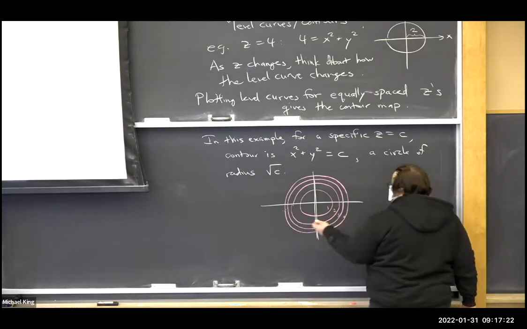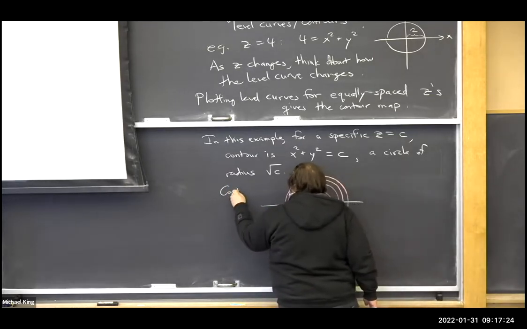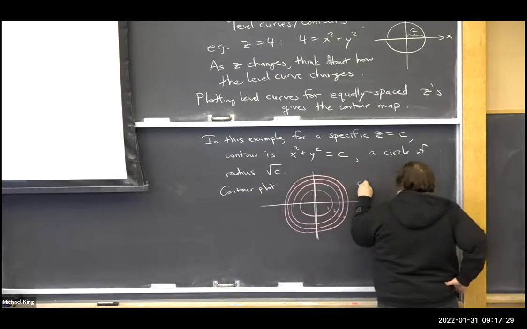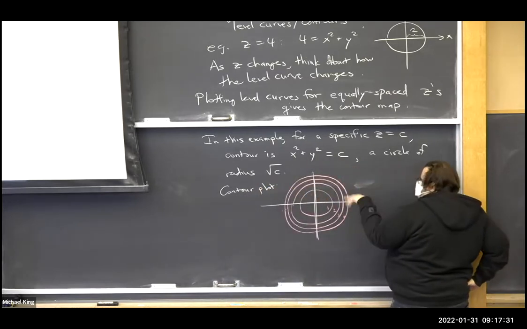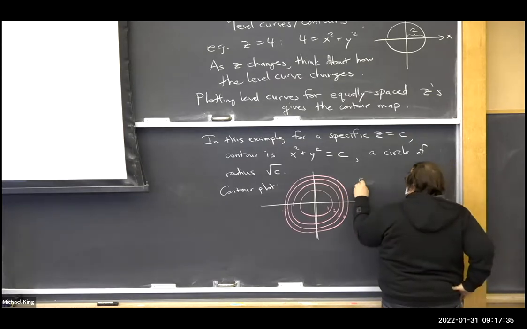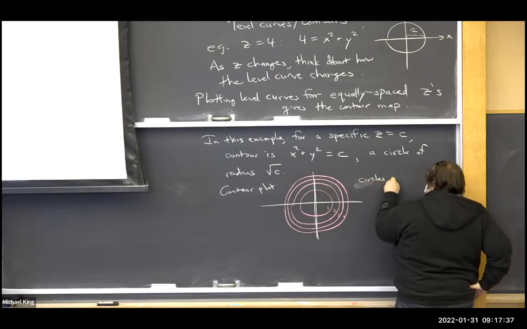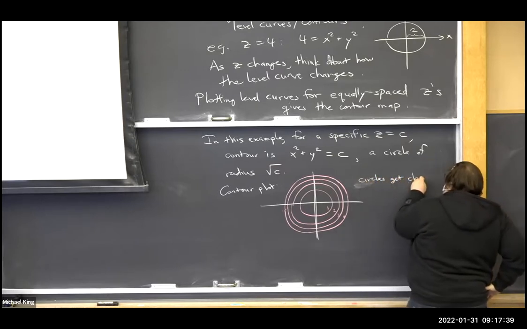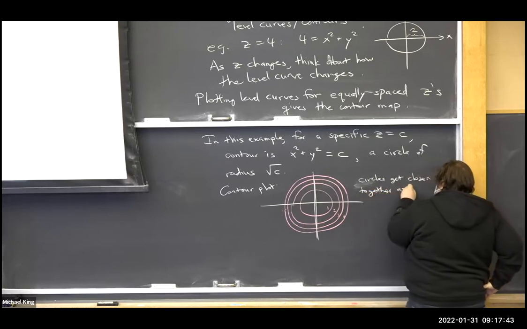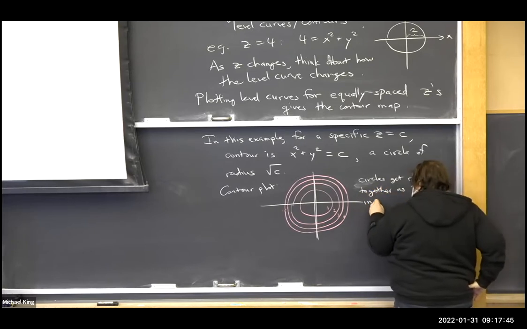So this is the contour plot. All the level curves are concentric circles centered at the origin, but they get closer together as we go out, as z increases.